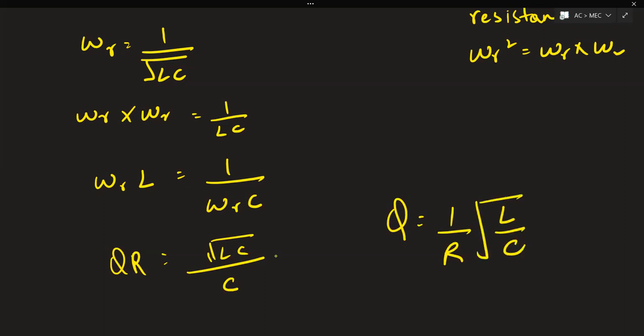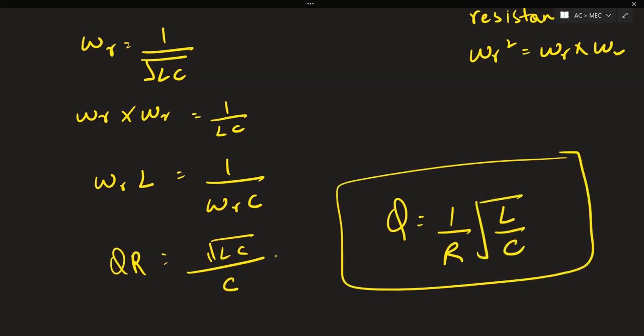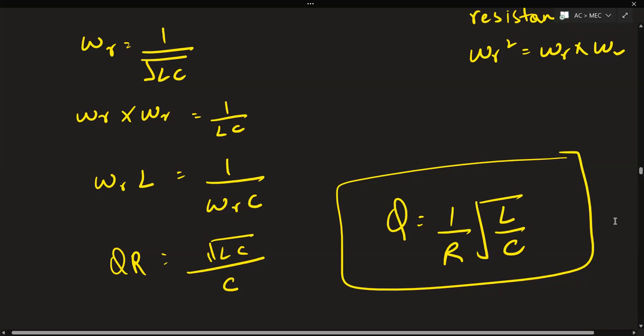This is one of the other formulas that is required. Q is equal to 1 by R under root L by C. L is inductance, C is capacitance, R is resistance. All three are utilized. This is the derivation.